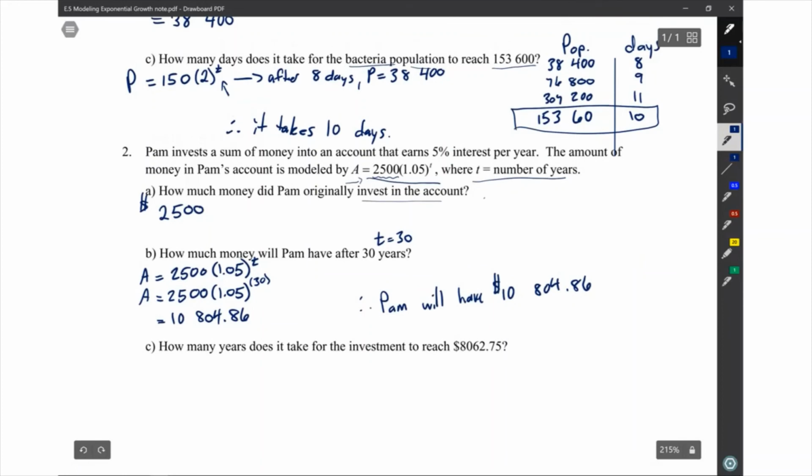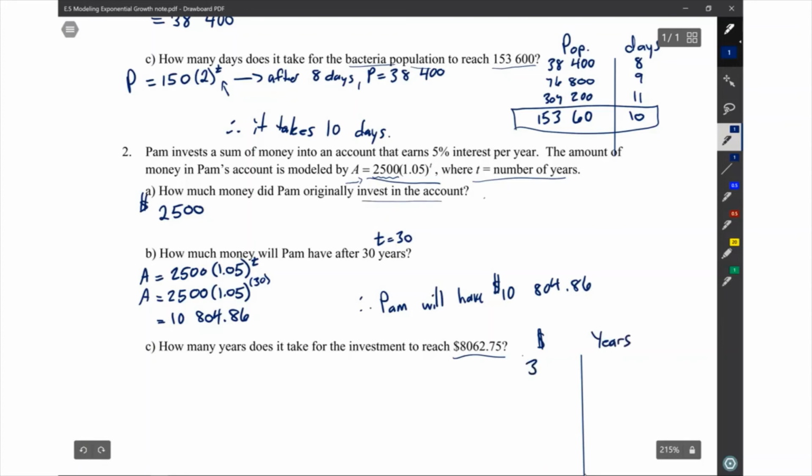And how many years does it take for the investment to reach $8,062.75? Well, I know it takes less than 30 years, that's for sure. What I can do is set up our table as we did before. I have on the left side my amount of money, and on the right side I have years.